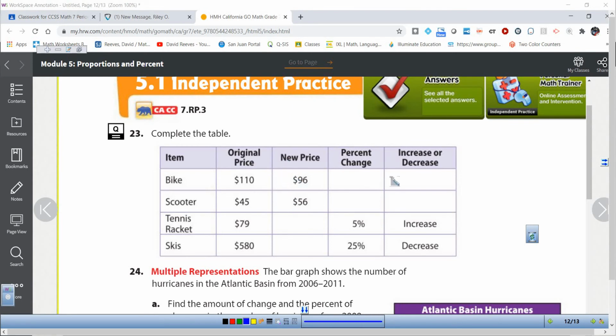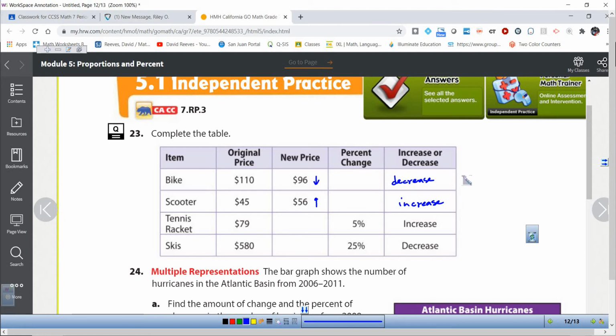That's right, it went down, so that would be a decrease. If it went from 45 to 56, did it go up or did it go down? This one is up, so that is an increase. To me, knowing whether it's an increase or a decrease is the easiest part.